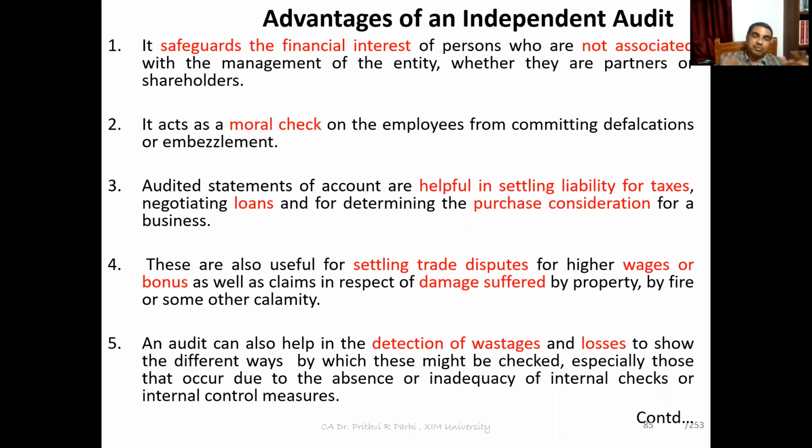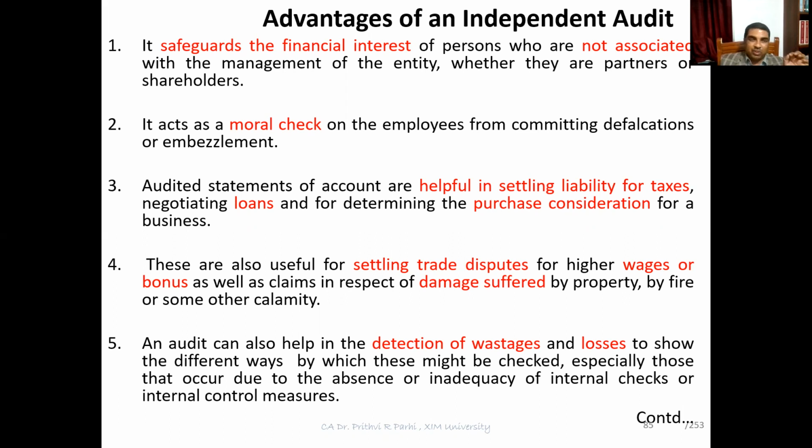And also at the time of negotiating loans, when financial institutions negotiate on a particular loan, maybe a one-time settlement for settling the loan or for writing off a loan, they rely on the audited financial statements to understand the financial position of an entity.